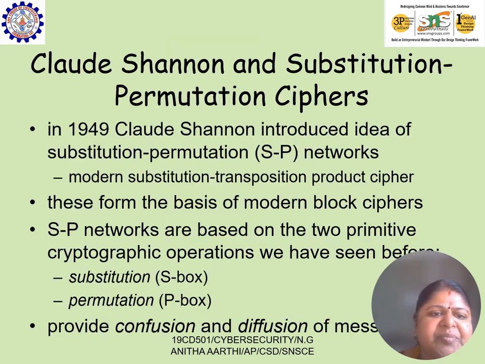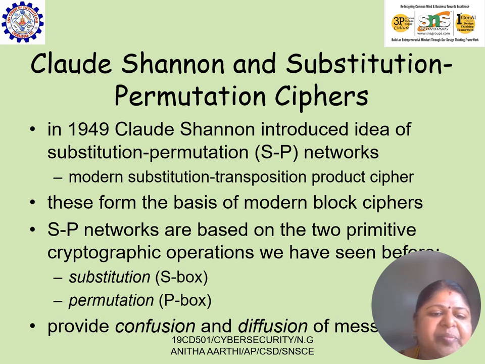Claude Shannon and substitution permutation ciphers. In 1949, Claude Shannon introduced the idea of substitution permutation, that is SP networks. Modern substitution transposition product ciphers use this SP network, a substitution permutation combination of techniques, and these form the basis of modern block ciphers.